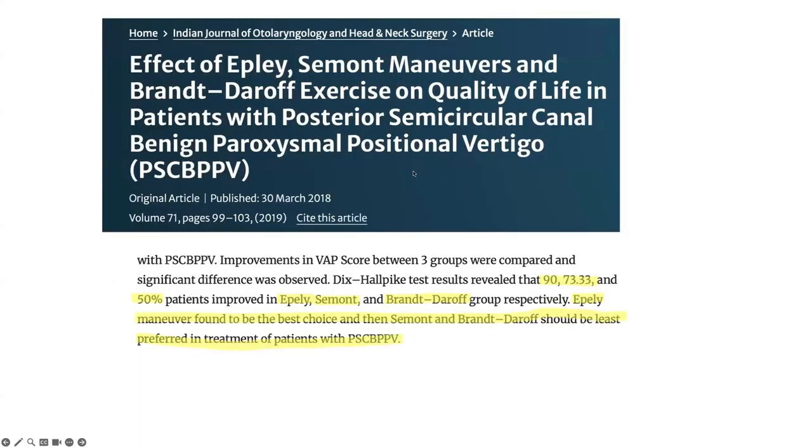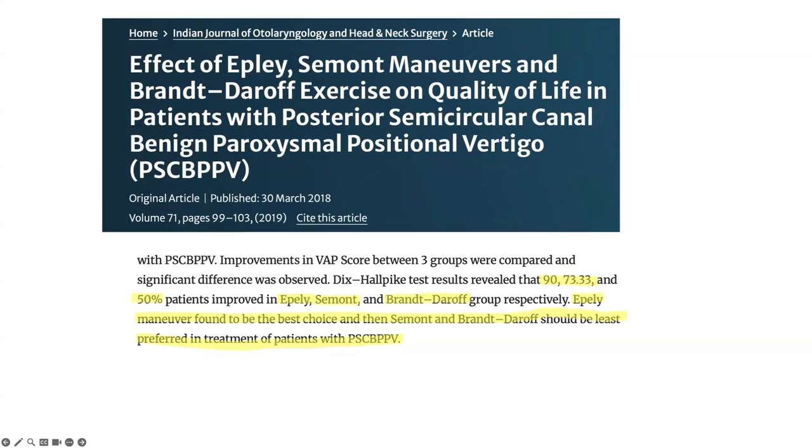And I think this is probably a nice middle ground. This one's from 2018, and they compared 3 groups: the Brandt-Daroff, the Semont, which is kind of a variation of the Epley, and the Epley. What they found is that the Epley had a 90% resolution, the Semont had a 73% resolution, and the Brandt-Daroff had a 50% resolution.